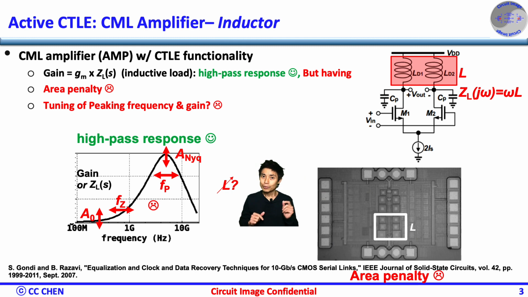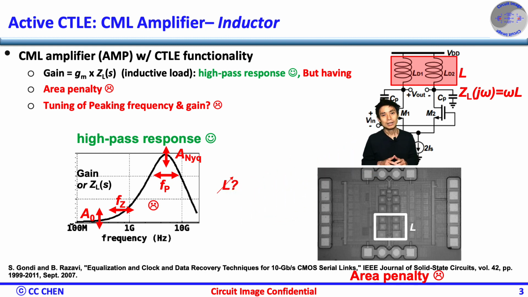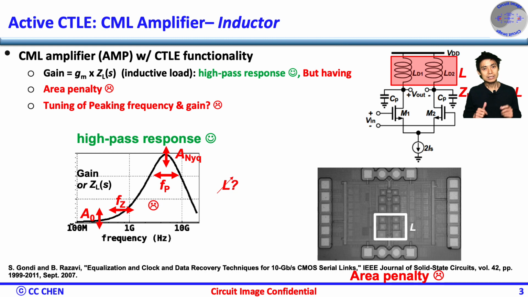The last critical challenge is the CTLE's tunability to accommodate different channel profiles in any link. As we discussed in the passive CTLE video, the inductor is difficult to vary in inductance, so we cannot only apply the inductive load to implement the CTLE's AC response, even though the shunt-peaking CTLE can also broaden the bandwidth between stages.